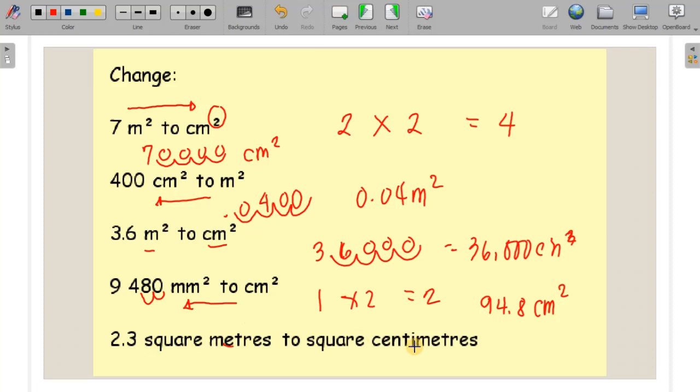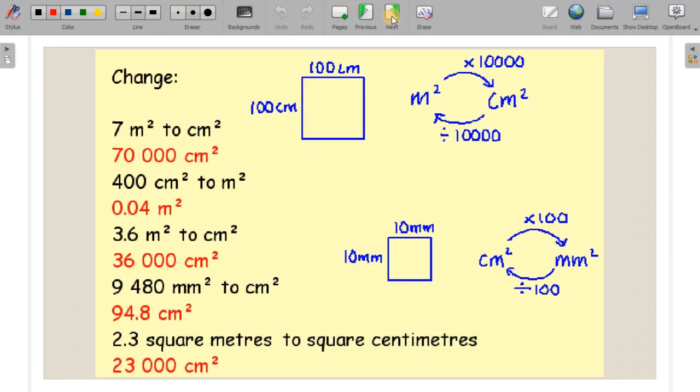Then meters to centimeters, it's 4 steps also, 2.3. So 4 steps, 1, 2, 3, 4. So the final answer is 23,000 centimeters squared. Let's check our answers if all are correct. Okay, all are correct.